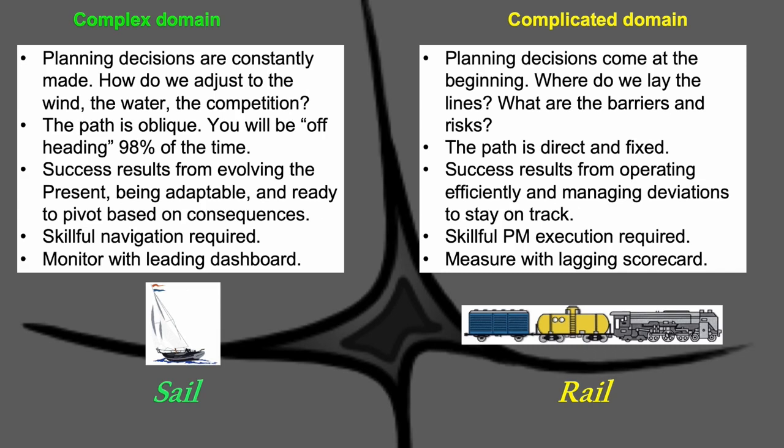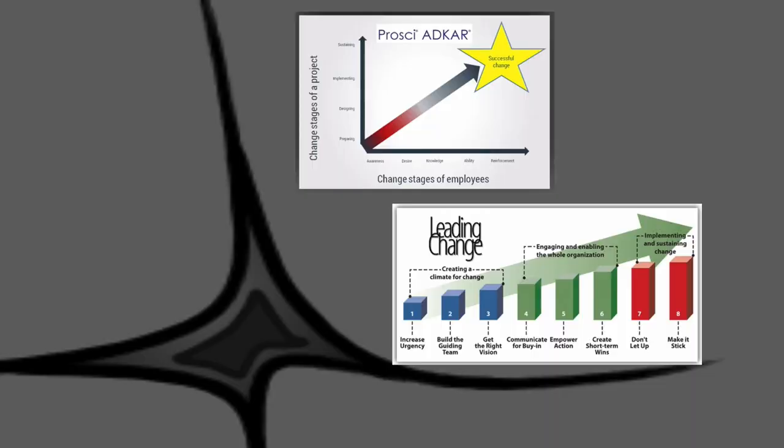An abundance of volatility, uncertainty, ambiguity will sink your train. Conversely, a boat doesn't travel very well on dry land. Plus, you'll drive everybody nuts trying to float your boat. Here are a couple of popular tools that operate backwards: Prosci ADKAR and John Kotter's Leading Change.